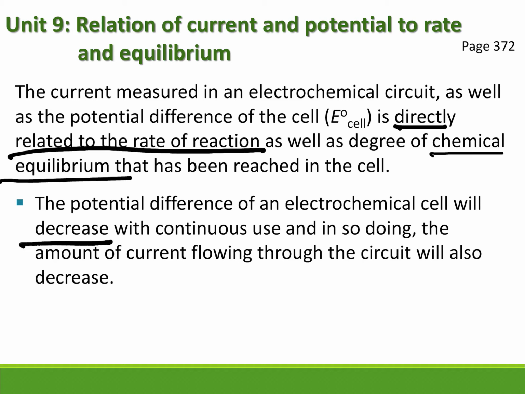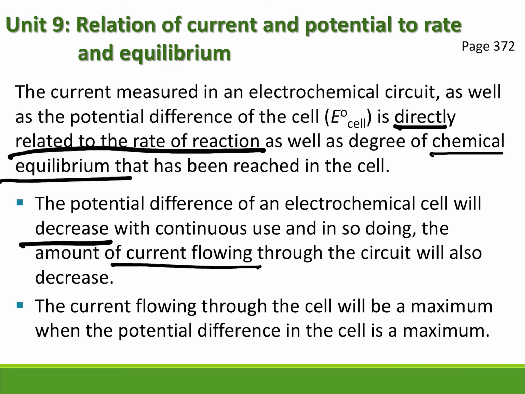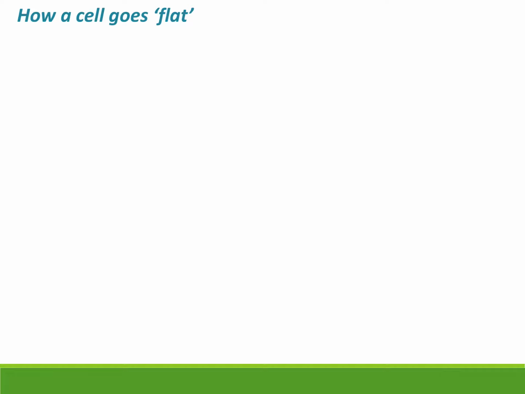You all know this, you've all used batteries, and so does the amount of current. They're related to each other. The current is at a maximum when the potential is at a maximum. It's fairly straightforward.